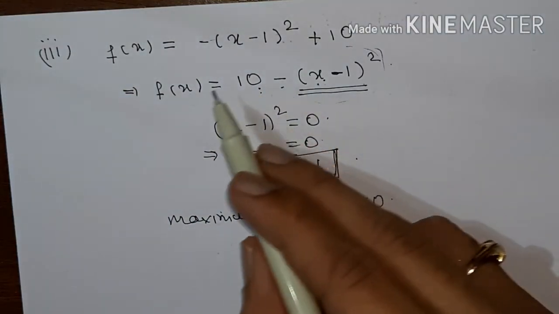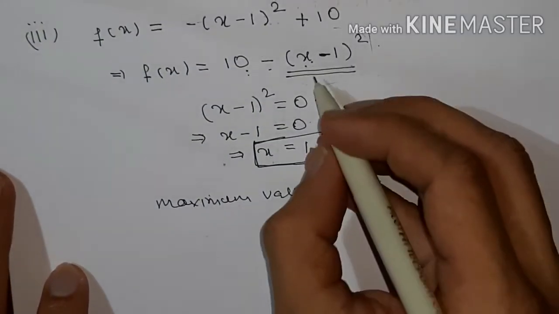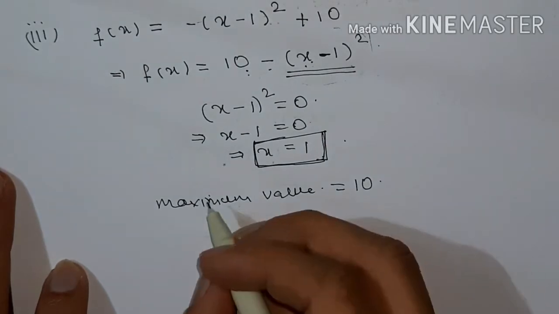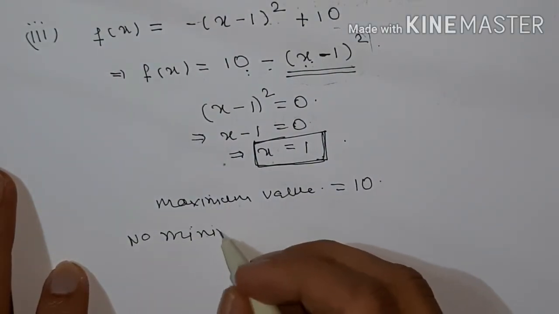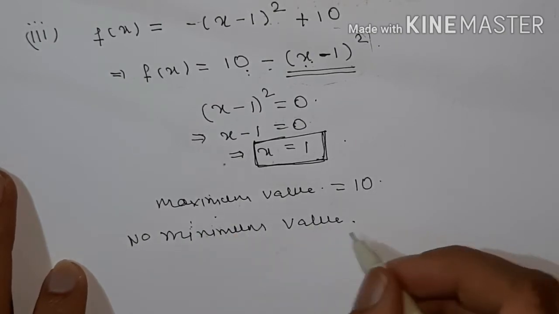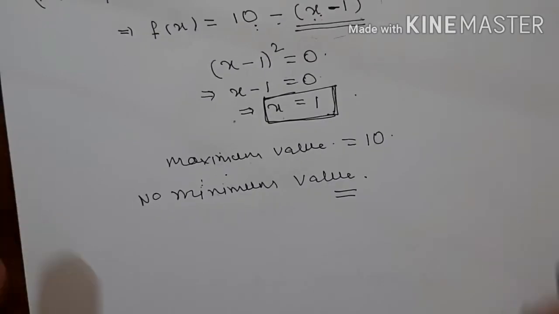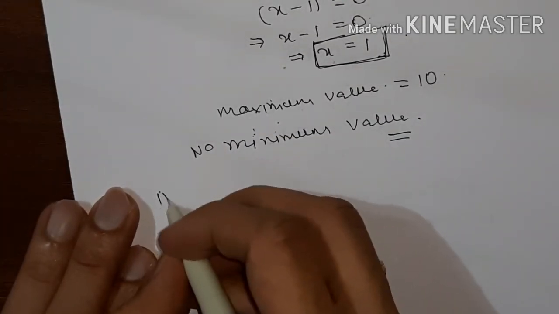So you can see that the function will keep on decreasing when x increases. So you get no minimum value. That is the third problem. Now let us look at the fourth.